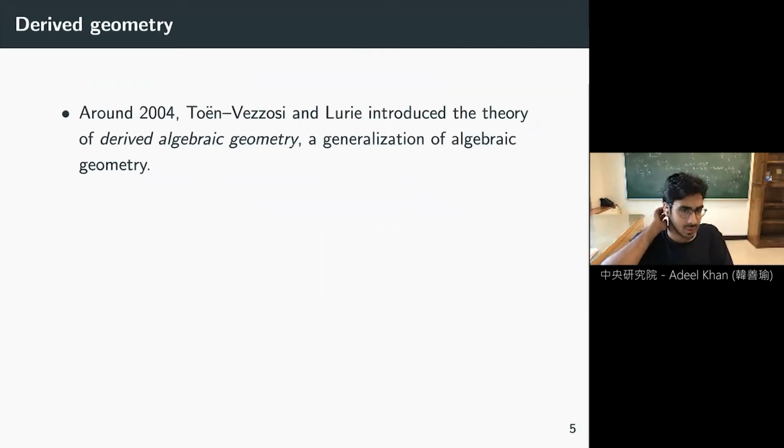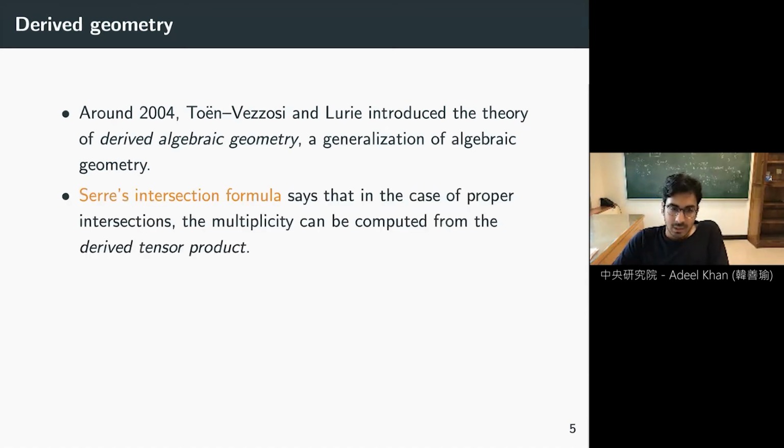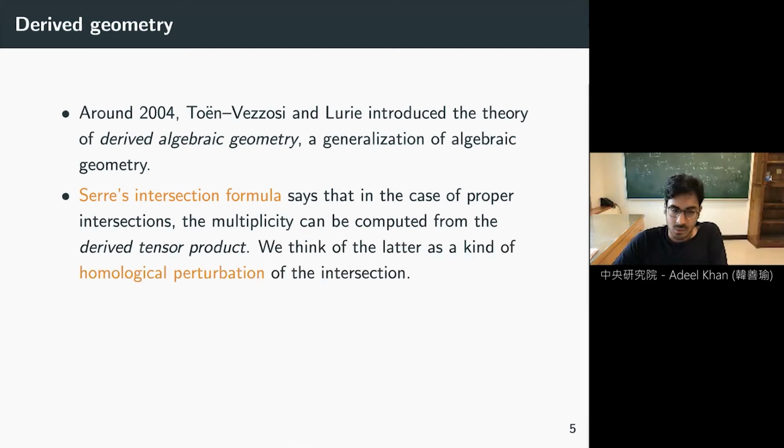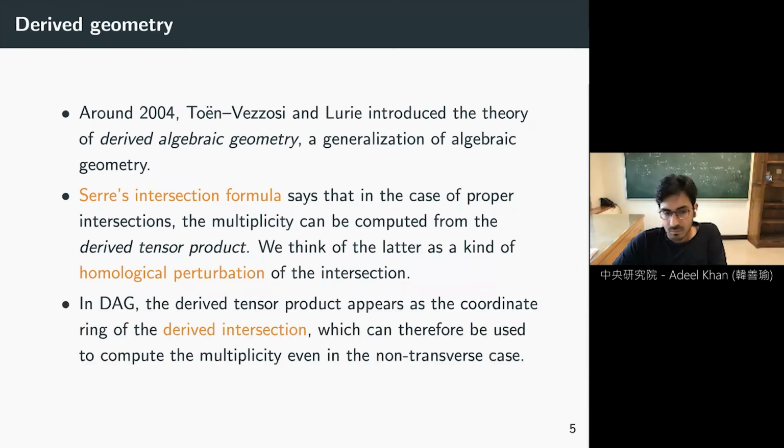So one way to deal with this phenomenon is based on a theory of derived algebraic geometry introduced by Toën and Vezzosi and Jacob Lurie around 2004. The idea of this comes from Serre's intersection formula, which says that in the case of proper intersections, we can compute the multiplicity using the derived tensor product, which is some kind of homological algebra gadget, which we can think of as a homological perturbation of the intersection.